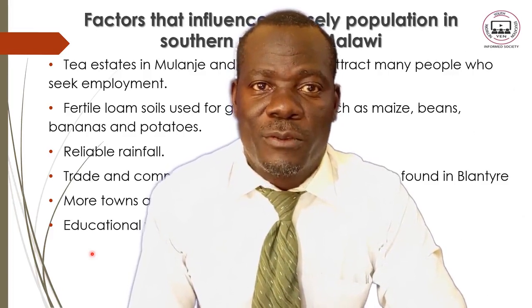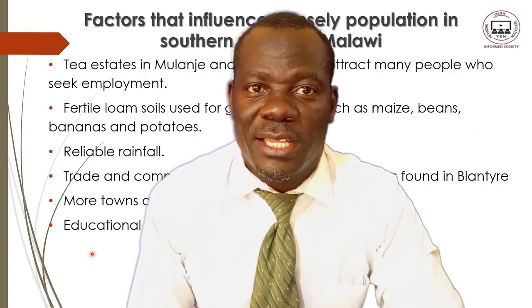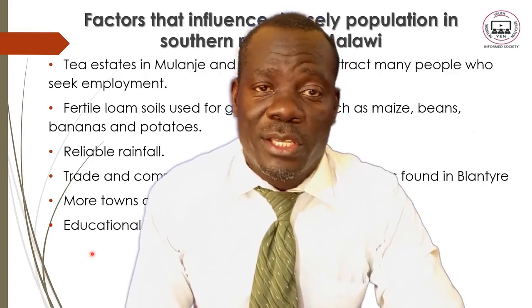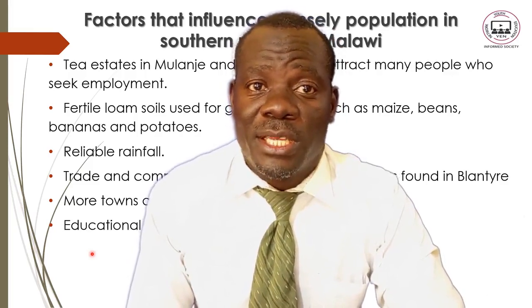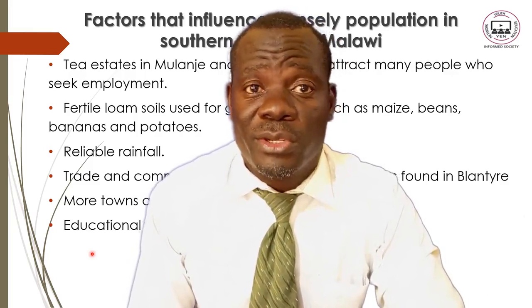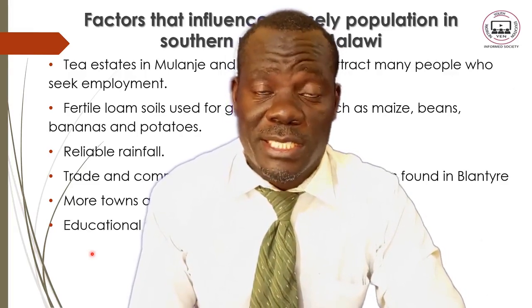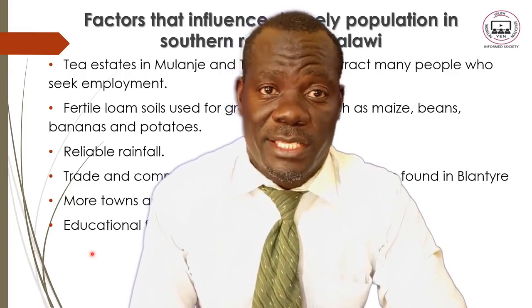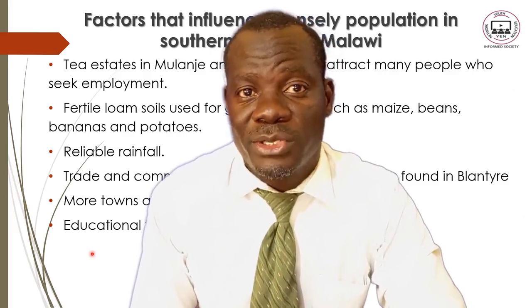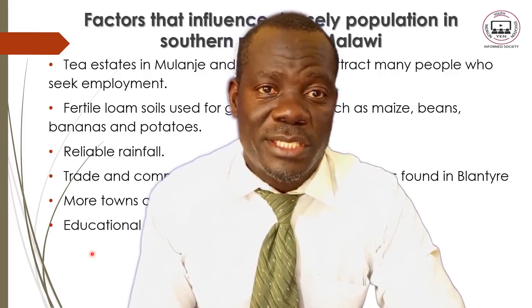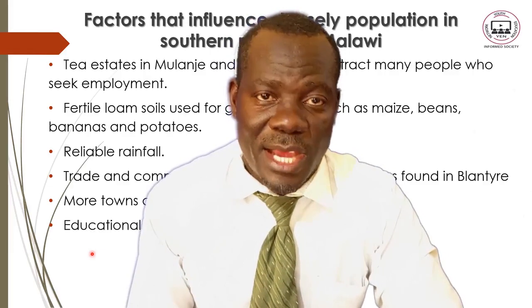We talk of educational facilities like Chancellor College, Domasi College, and the Malawi Institute of Education. There are so many educational institutions in the southern region. As a result, we see there is a high population.